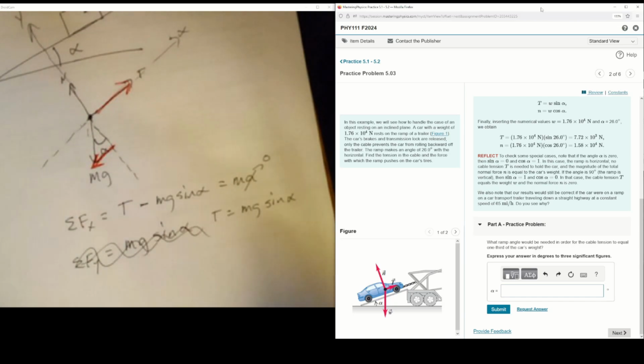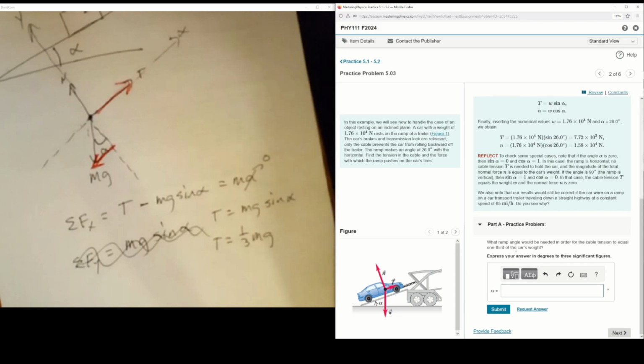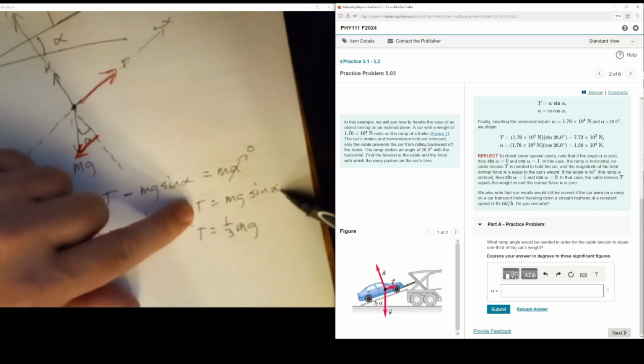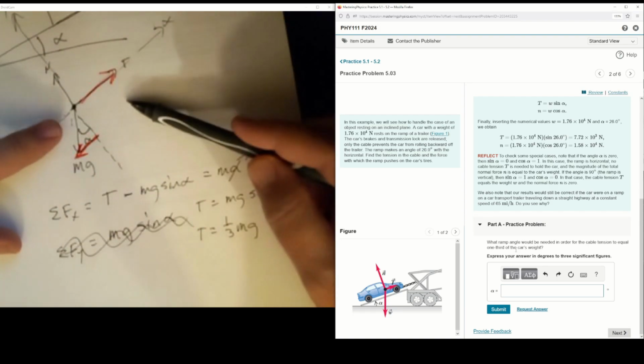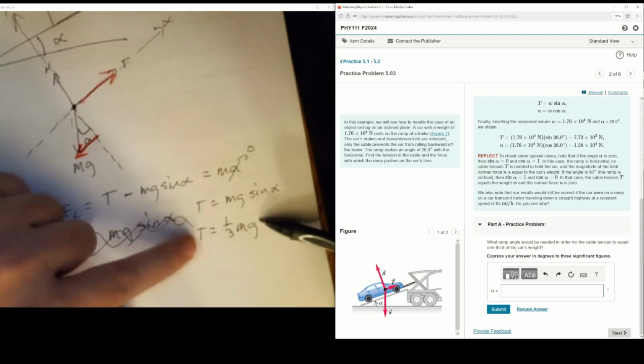When I look at the question, they want the tension to equal 1/3 of the car's weight. So here's the tension I solved from the free body diagram, and now they're telling us this.